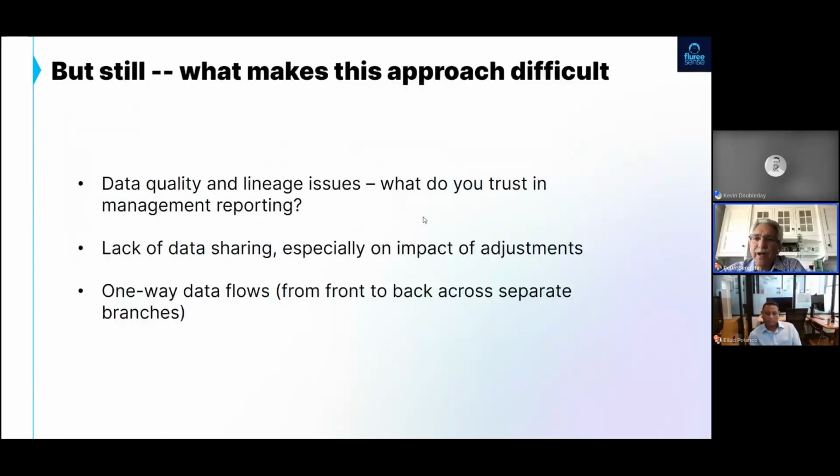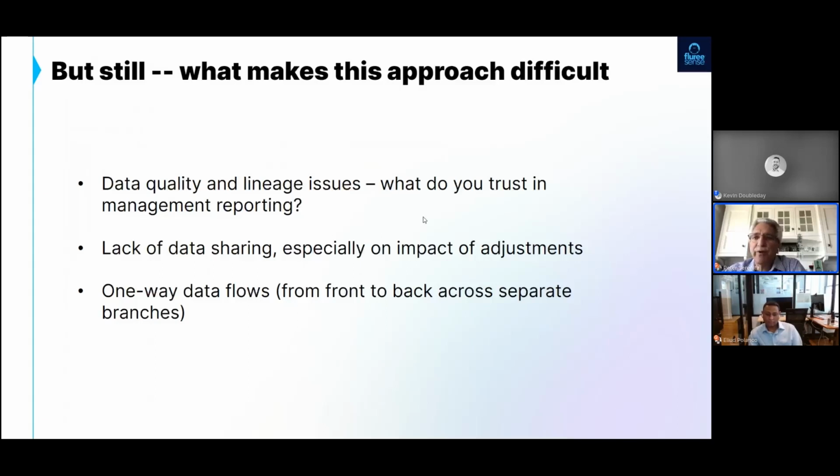Again, data quality and lineage: how do you trust which one is right? There's a lack of sharing, especially as it relates to things that are done to the data, whether that's calculating, doing an adjustment, or creating a new piece of data that tended to get sent out similarly into different silos. It's really a one-way data flow. The majority, and you'll see different examples like RWAs put back into the system, but those are very bespoke and very specific.